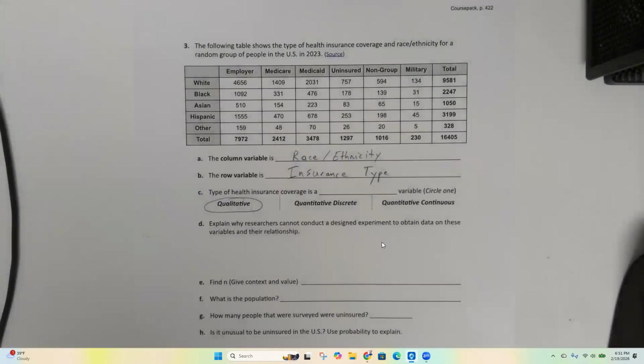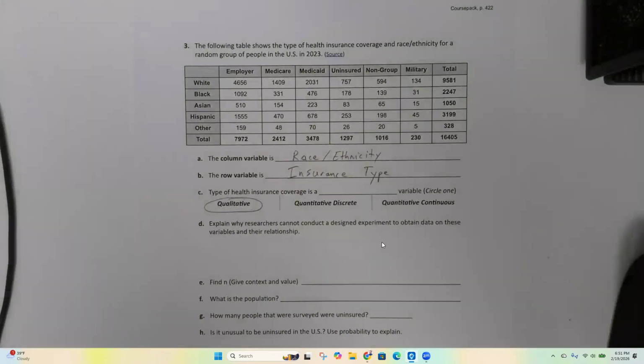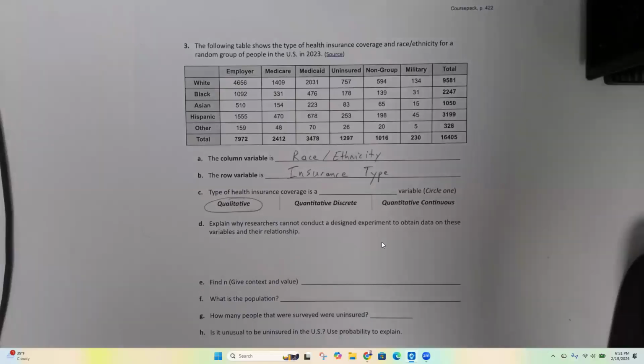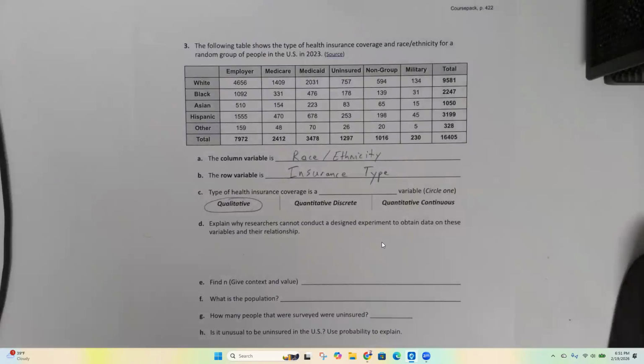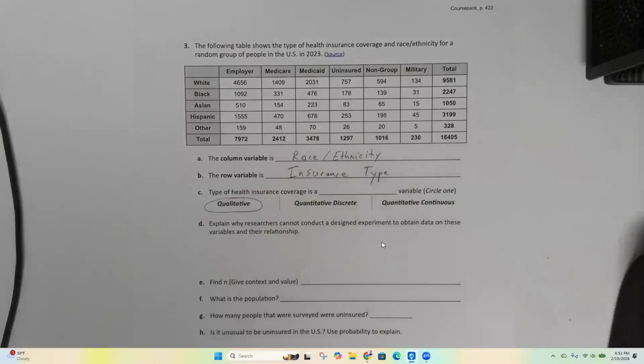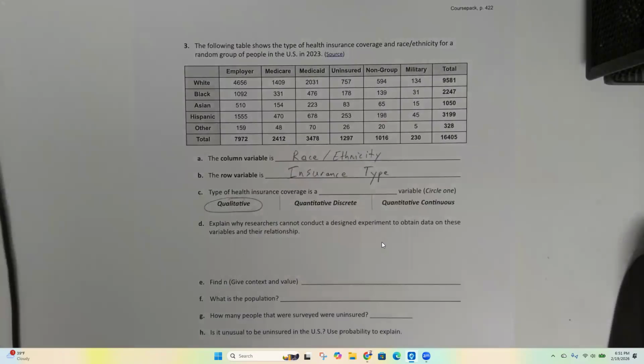For example, if I was studying the effectiveness of a medication, I would get a group of people together and randomly split them up. This person is going to be part of the control group, so they get a placebo. This person is going to be part of the test group and they get the actual medicine, right?